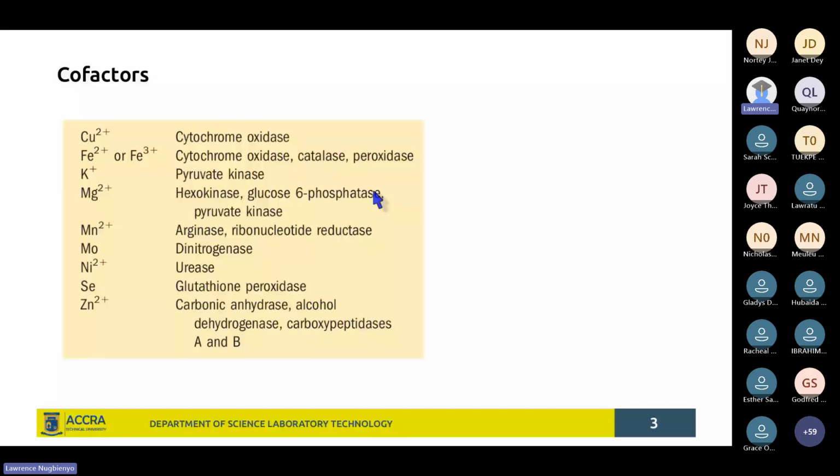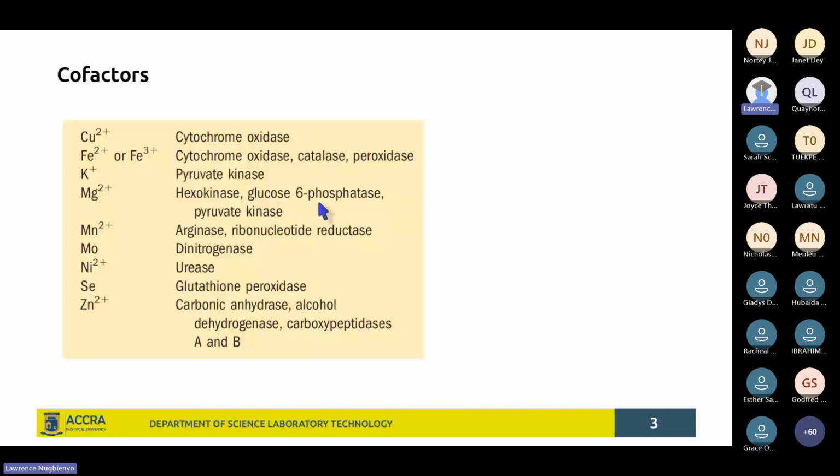So now clearly, when you see the names of the enzymes, you will be able to relate to them and say, okay, glucose 6-phosphatase, what will that enzyme be doing? That enzyme will be hydrolyzing the phosphate group from glucose 6-phosphate. Pyruvate kinase, we have just talked about it.